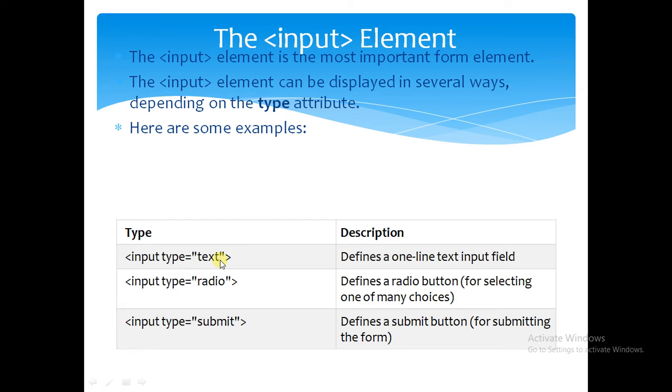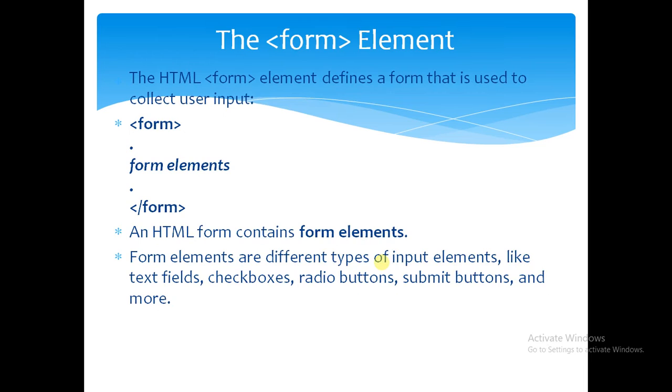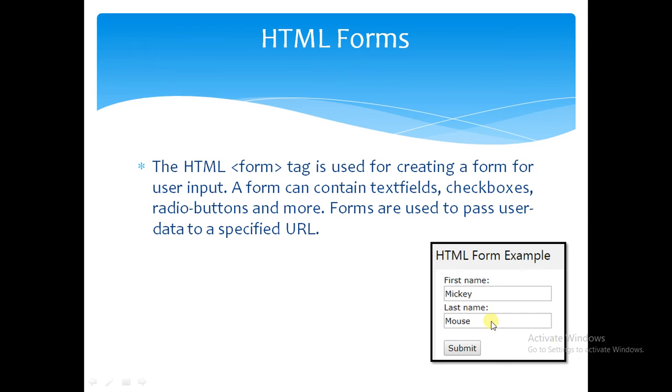Input type equal to text means that it defines a one-line text input field. One-line text input field means that if we want to use a text box like this, this is a single text input field.